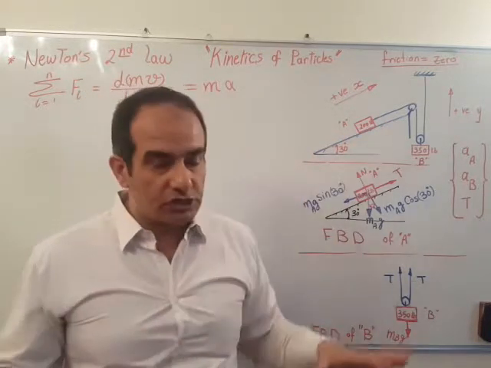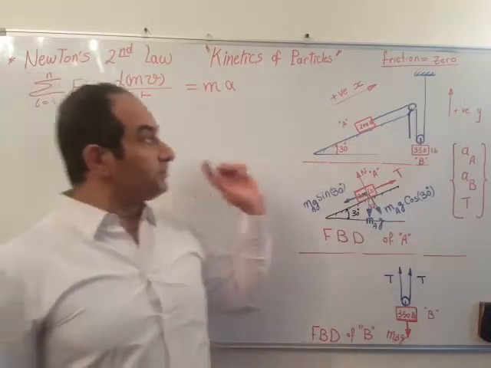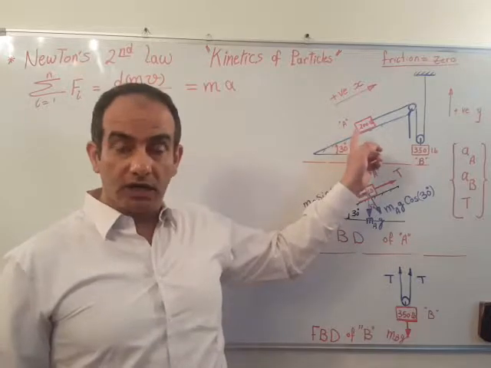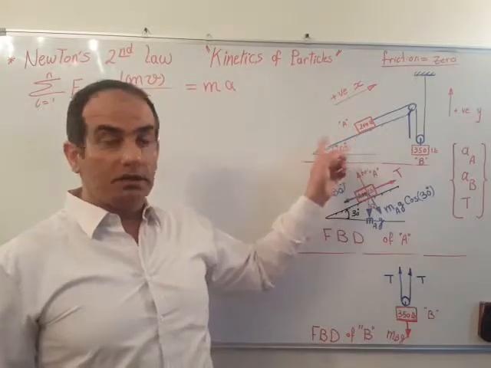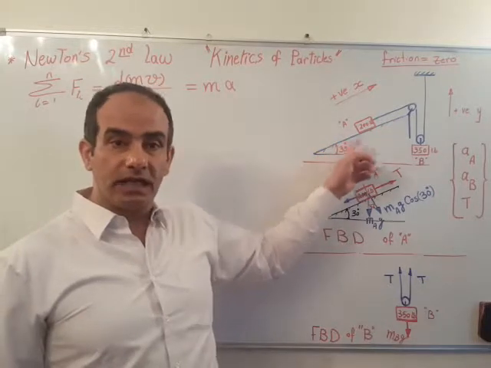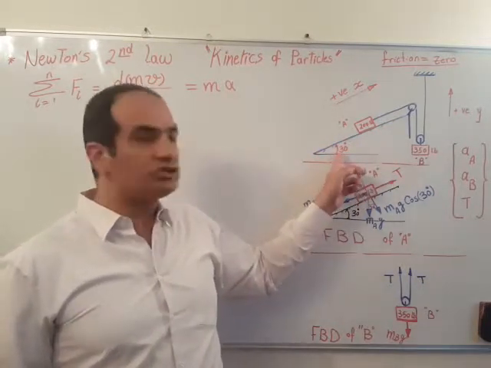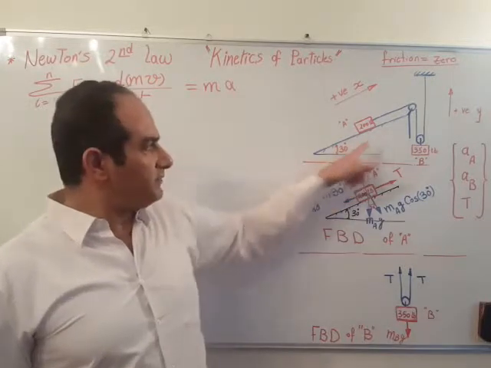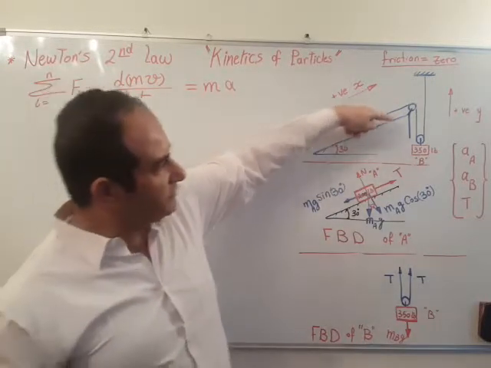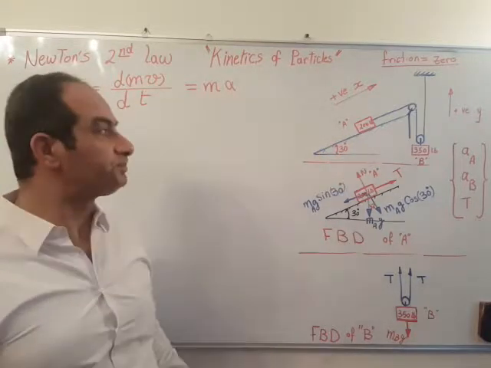We have no friction forces in any place in the problem. Mass A, 200 pounds, moves on a surface that is inclined to the horizontal surface by 30 degrees. The angle between the inclined surface and the horizontal surface is 30 degrees.